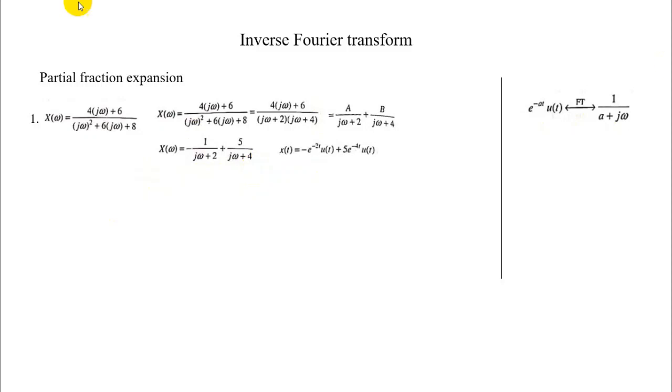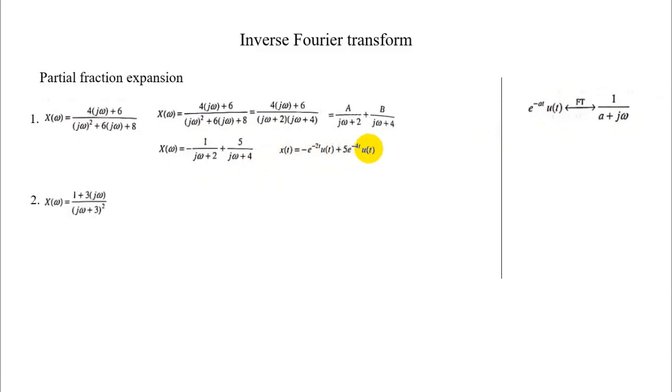So what would be our time domain x(t)? Because this is in the frequency domain, x(t) would be the inverse Fourier transform of that plus the inverse Fourier transform of that. If we compare this and that, we can simply write e to the power -2t u(t), and for this case it would be 5 e to the power -4t u(t).